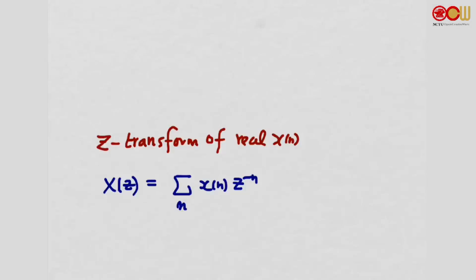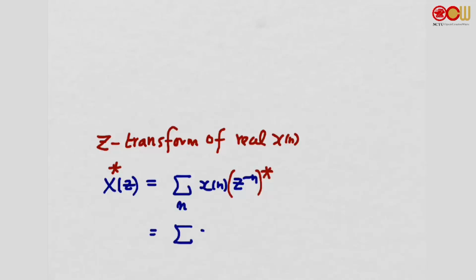In the discussion of the discrete time Fourier transform, we saw that when a sequence is real, the Fourier transform has some special properties. Now let's see if we have such properties for the Z-transform. When a sequence is real, let's take the conjugate on both sides. Then everything will be conjugated, and x[n] conjugated is the same as x[n], so it stays the same.